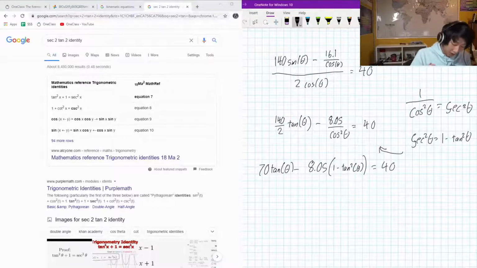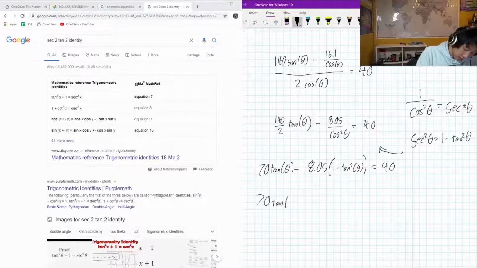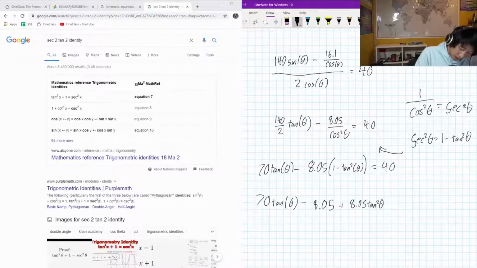Okay, so a lot going on in this question. So the 70 tan theta is going to stay as is. Then we're going to have minus 8.05 plus 8.05 tan squared theta minus 40 is equal to 0, because we need a quadratic formula set up.